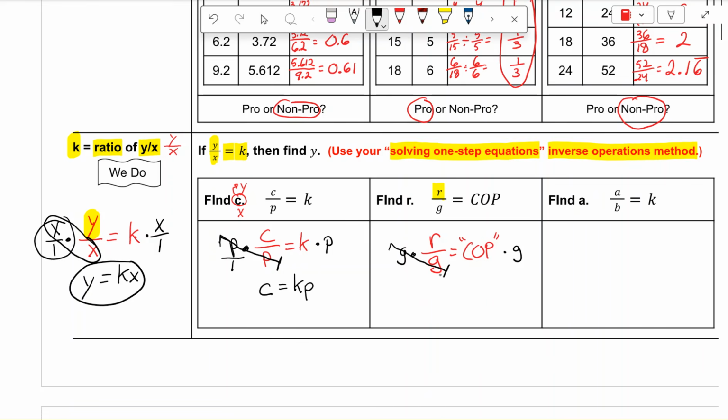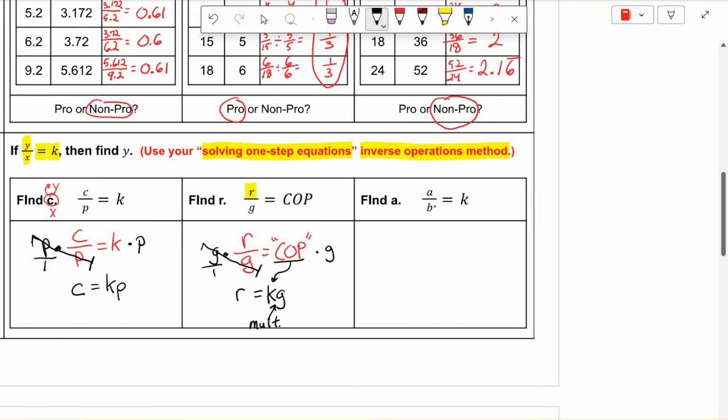That's going to cancel this g out, and r is left by itself, and r is equal to COP times g. What is another name for COP? It is k. Times g is kg. r equals kg. Remember, when you see two letters next to each other, it means to multiply.